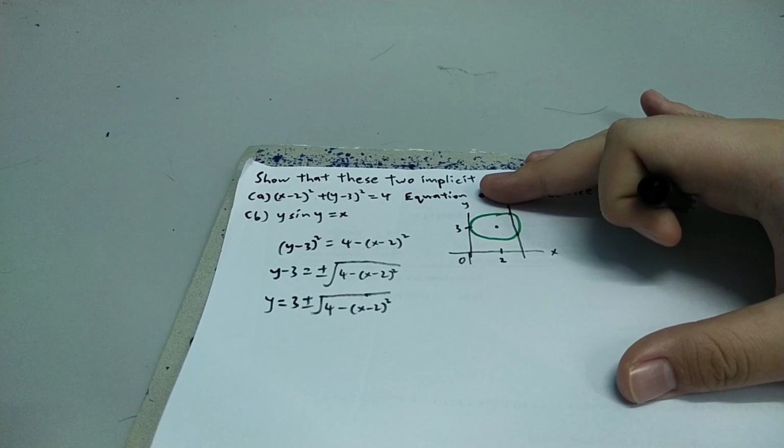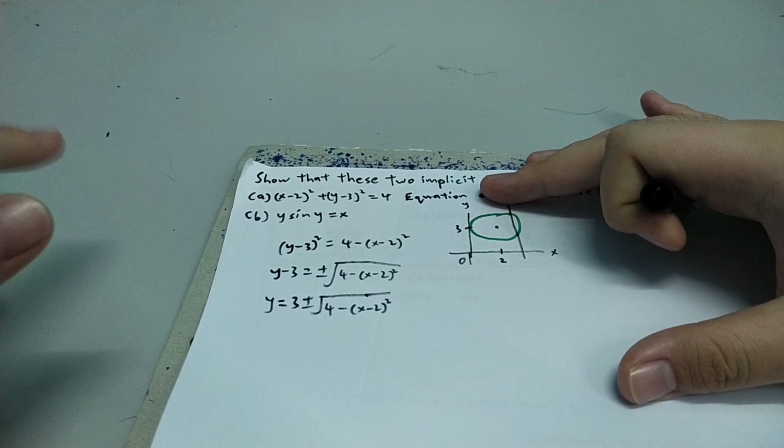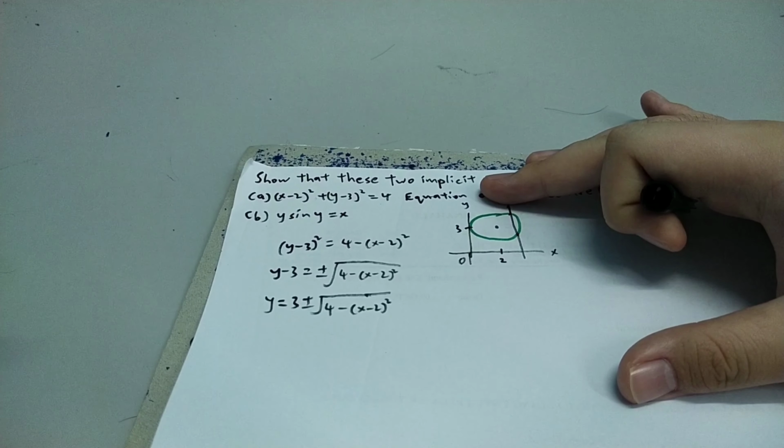And remember, for every kind of function, we will only have two types of relation, whether it is one-to-one or many-to-one relation.